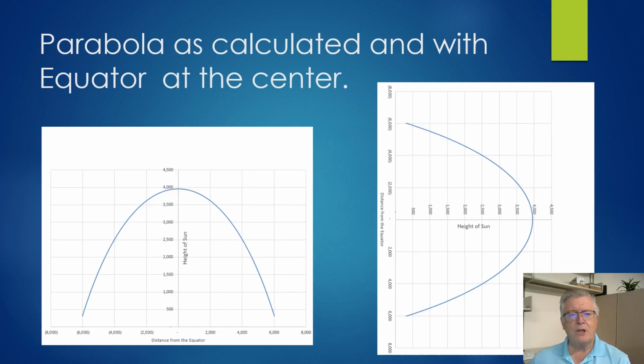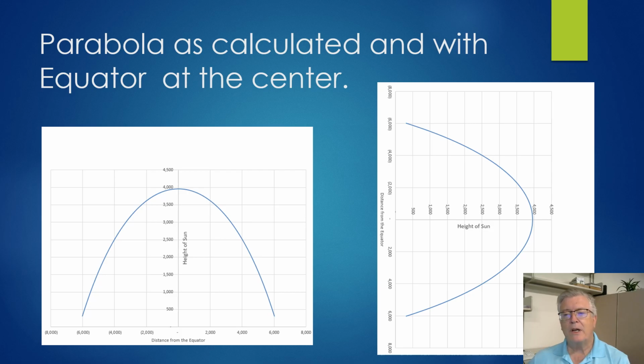So here I want to show you the double curve. This shows the distance from the equator, both to the North Pole, that's the positive numbers, and to the South Pole, the negative numbers, and you see the parabola there.